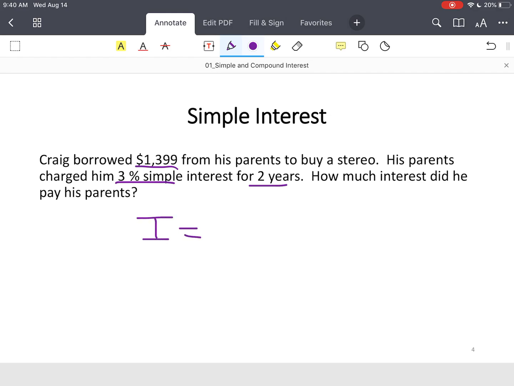I equals P times R times T. So you take your $1,399 times 3%, and I'm going to write it as a decimal this time, 0.03, times 2.